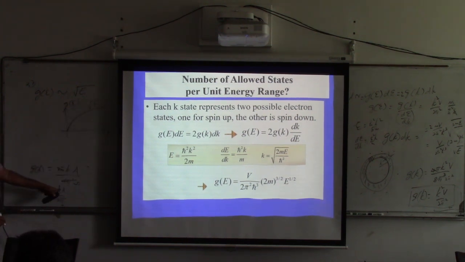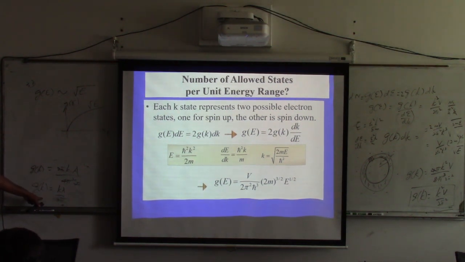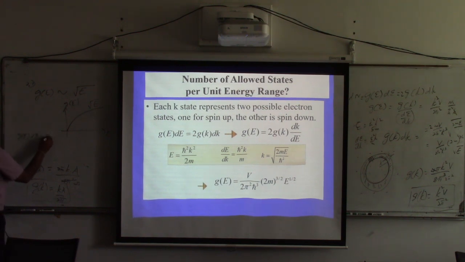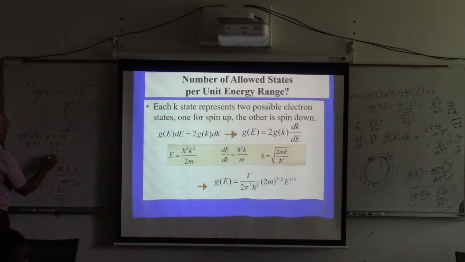But if you calculate for the 2-dimensional case, actually this is constant. Can you show that? This is GK, right? GE, how do you calculate GE? dE is GK dk, so that means GE is GK divided by dE over dk, right?